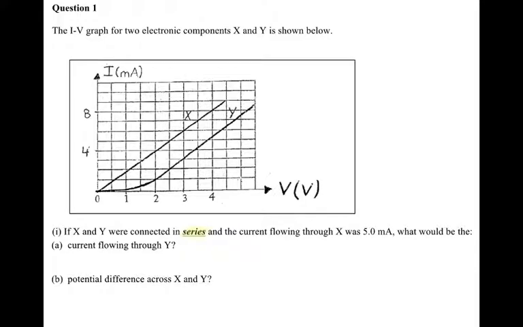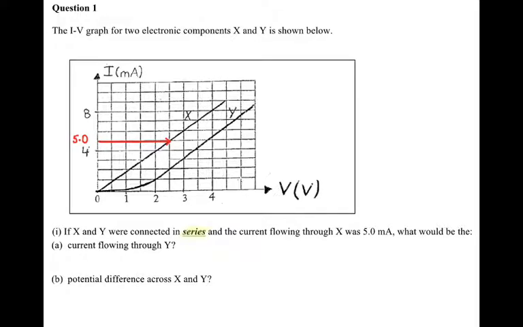So I'm going to ask Kevin straight off if he knows anything about current in series. It's the same. So he says the current in series is the same, and he's spot on. We're told that the current flowing through X is 5 milliamps.